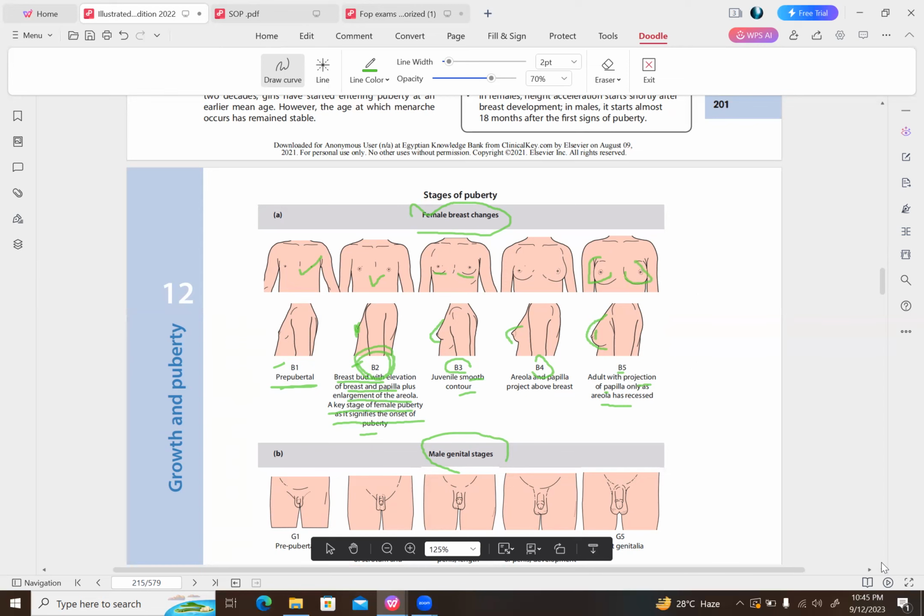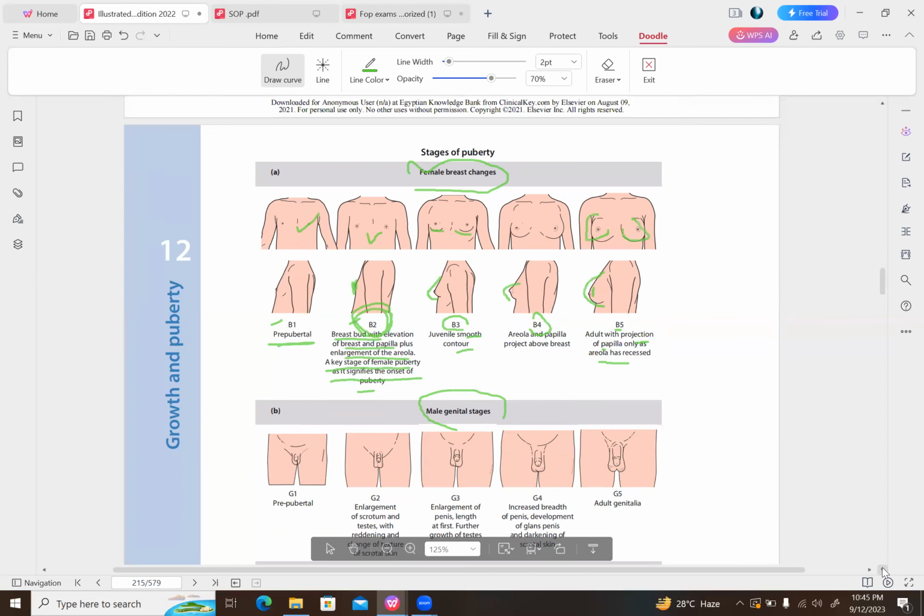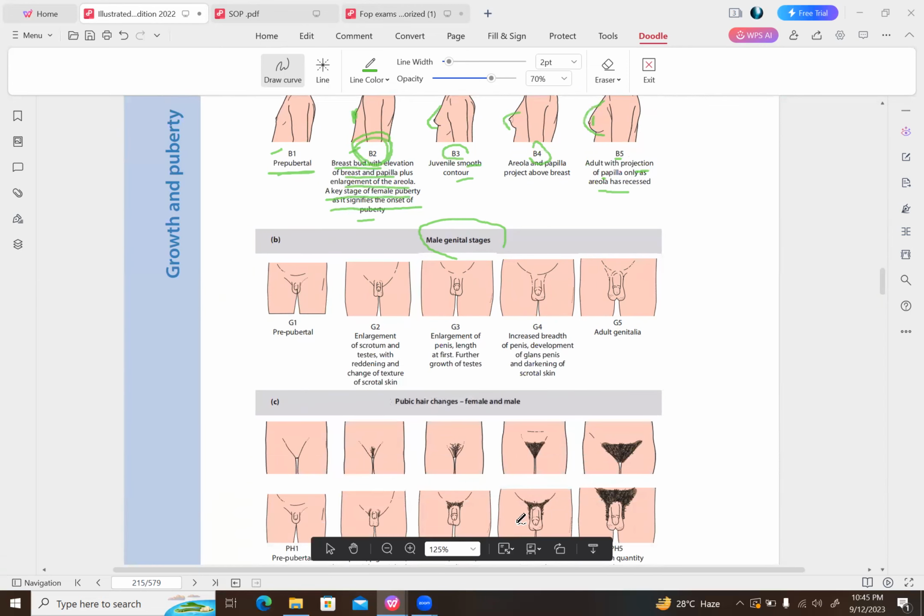Now coming towards the male genitalia, G for genitalia. So this is G1, G2, G3, G4, G5. Okay. G1 is pre-pubertal.